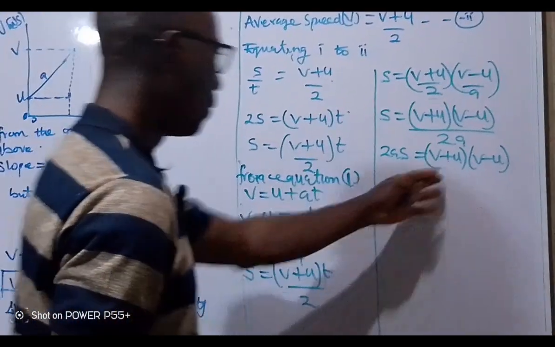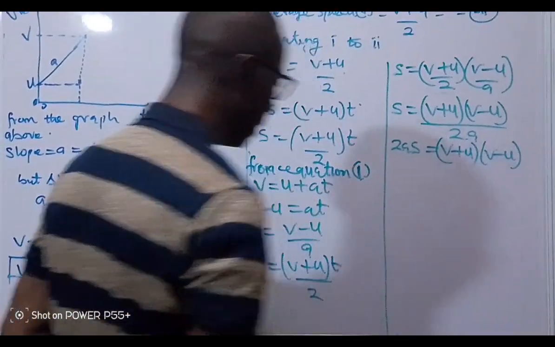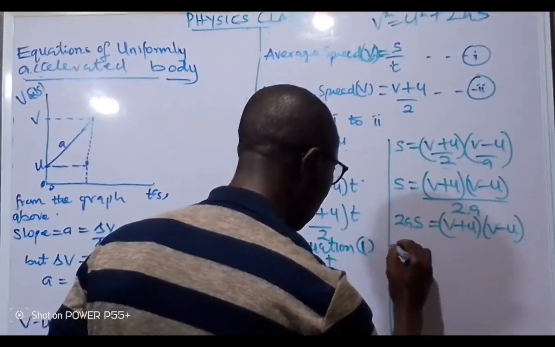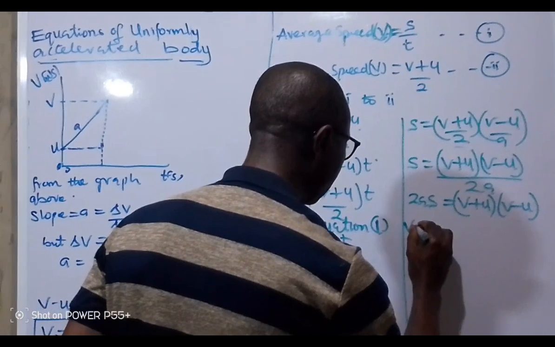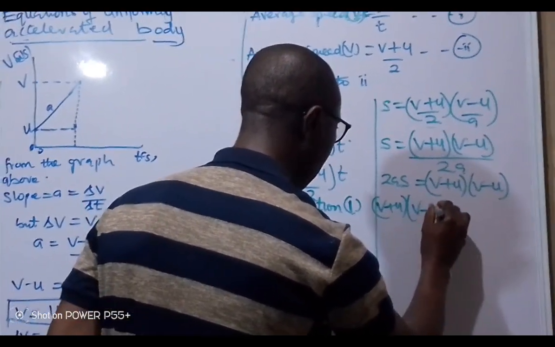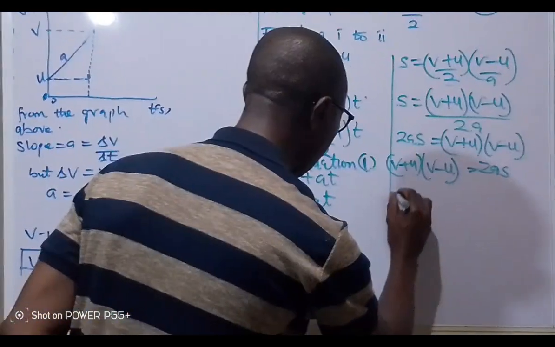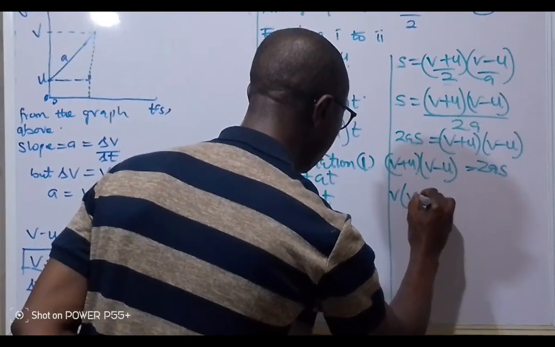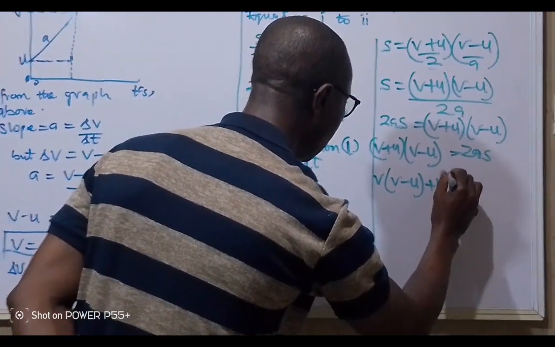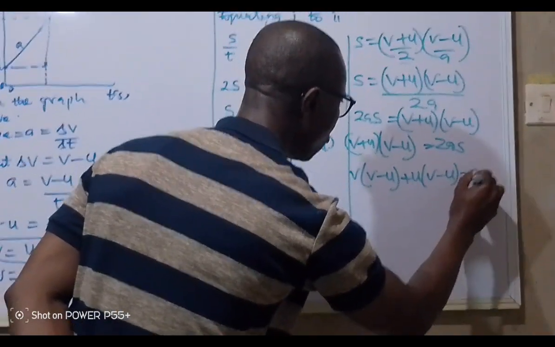Now, since V square is the subject of the formula, let's take this one to this side and 2AS to the other side. So we are going to have V plus U into bracket V minus U equal to 2AS. Open the bracket now: that will be V into V minus U plus U into V minus U equal to 2AS.